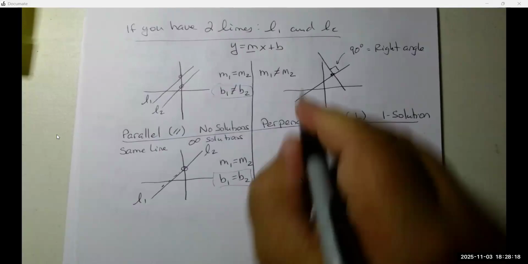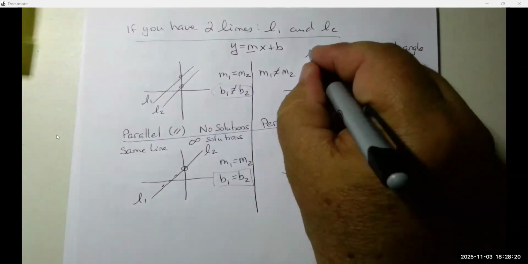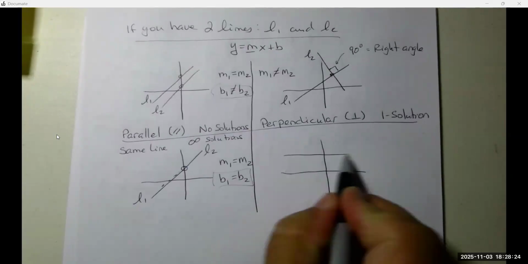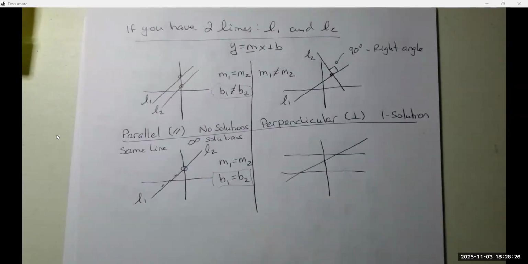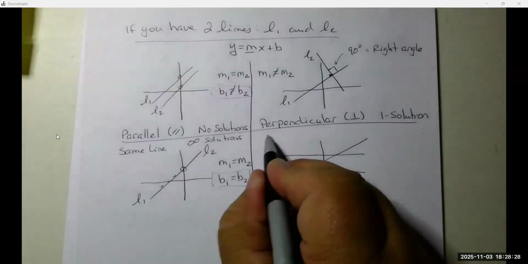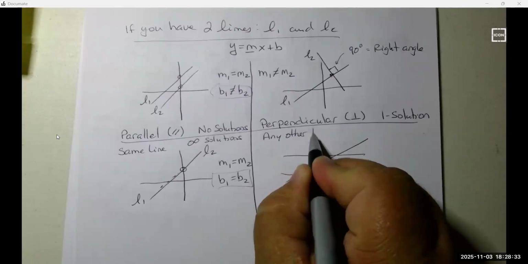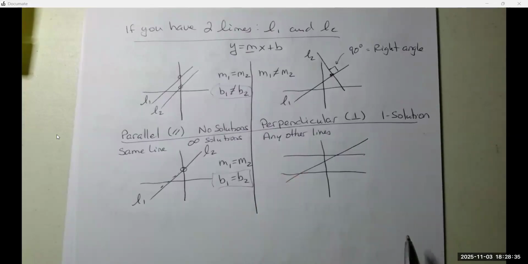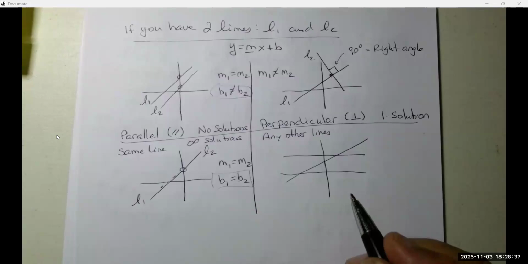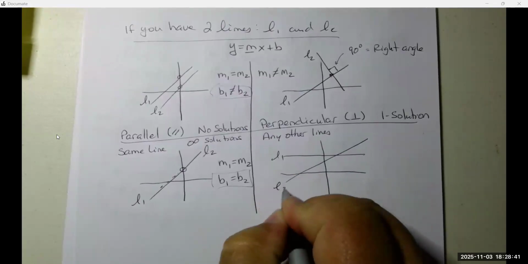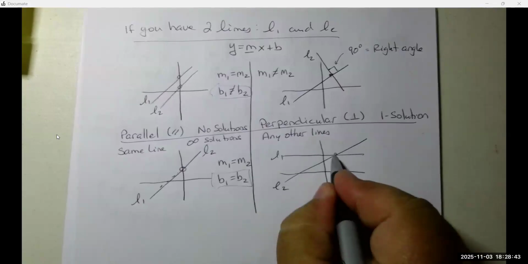Well, this is line 1 and this is line 2. The slopes are not the same. Well, neither are these. These are any other lines. This is line 1, this is line 2. They intersect here.